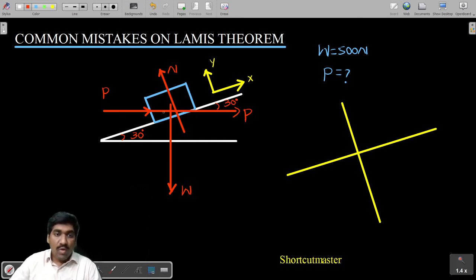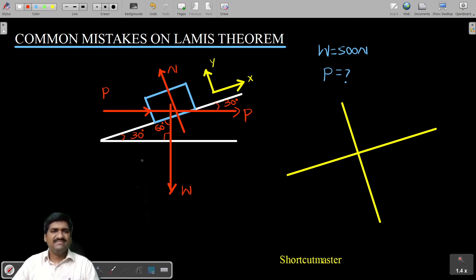And what is the angle made by W? Can you see this right angle triangle? In this triangle, this is 30, this is 90, and the remaining has to become 60. Am I right? Therefore, can I say that W is making an angle of 60 with the inclined plane or not?